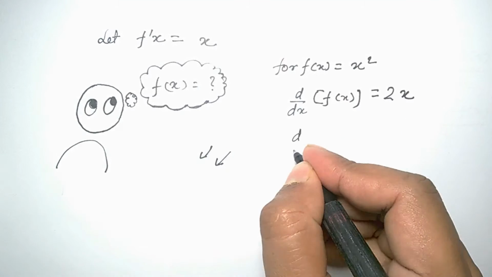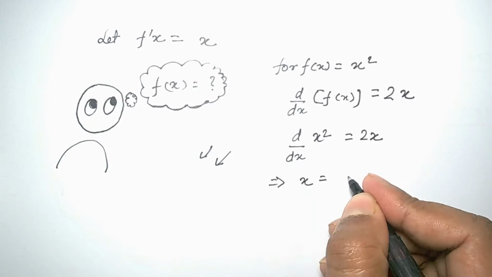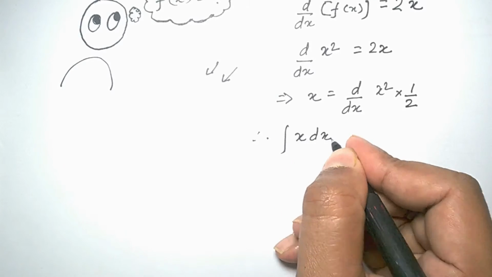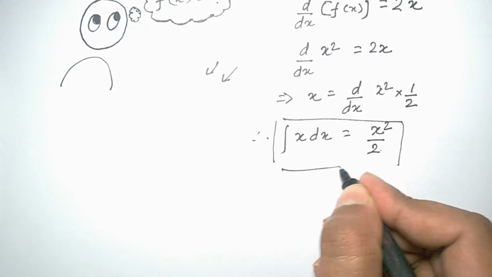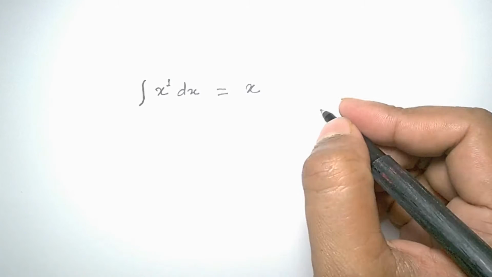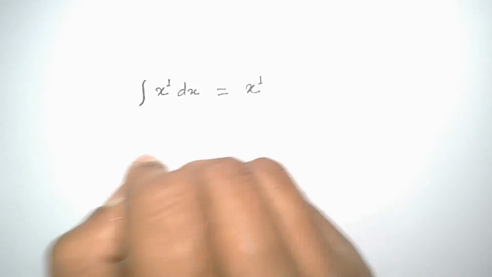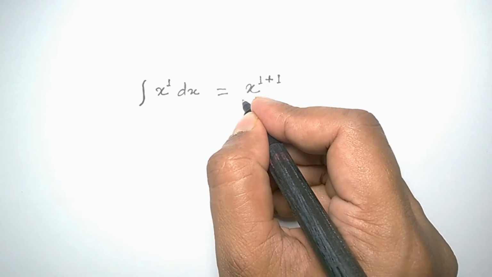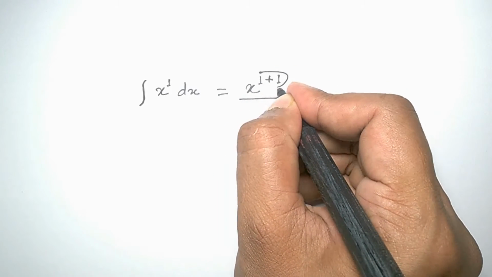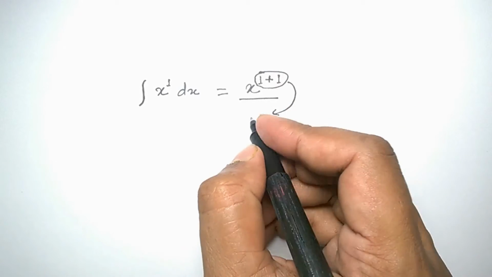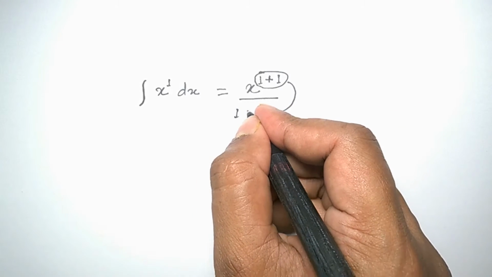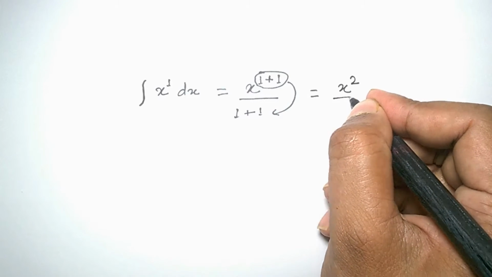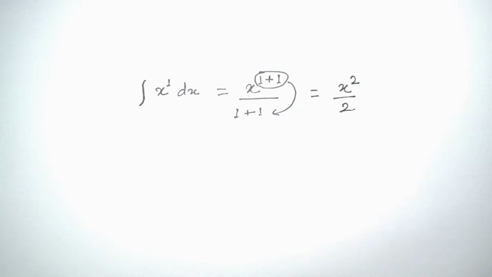You will remember, or you may get, a result which is equal to x squared divided by 2. If we are smart people, we would notice that the power of x is increased by 1, and that power also becomes the denominator of the final result we got.